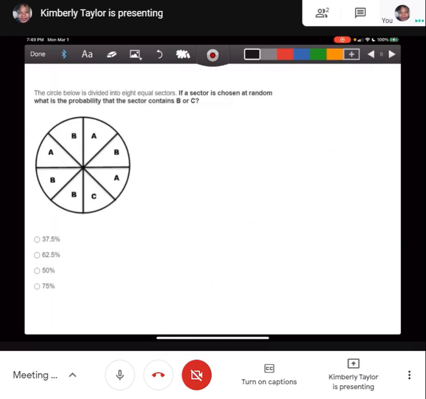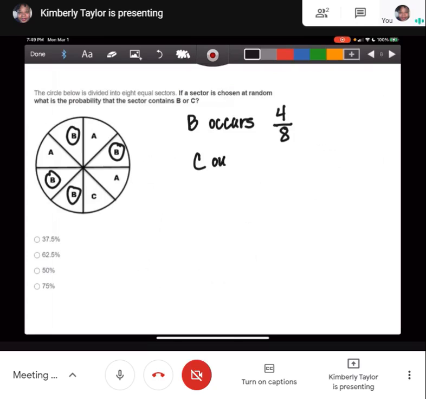They said there are 8 pieces. So let's say the probability of B: B occurs 4 times. 1, 2, 3, 4, so it occurs 4 times out of 8.